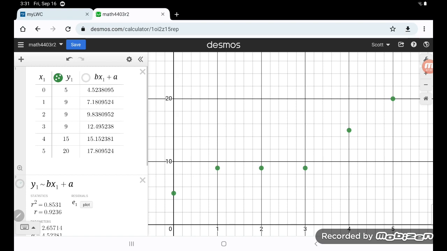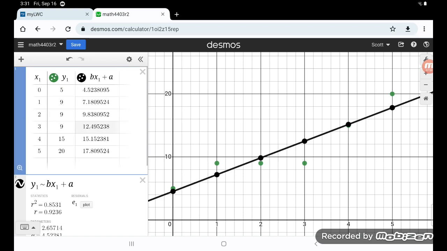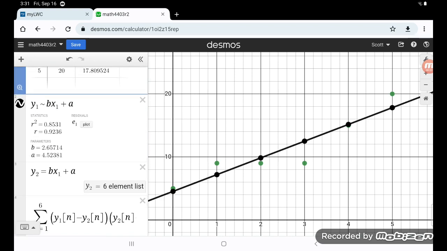Then I added this least squares line, and just to show the predicted values, I took the b times the x1 plus a and plotted those points, and you see they're right along that line. And then what I did, not there, I want it here. There we go.